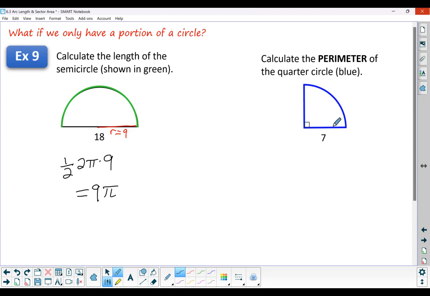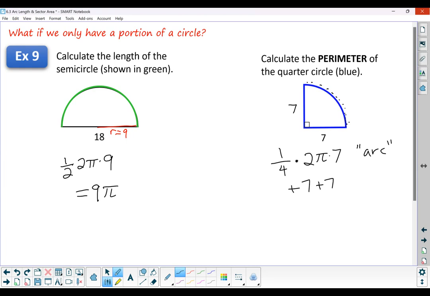For this one, we want to calculate the perimeter of the quarter circle. So we have two sides that have a length of 7, and then we need to figure out this curved side. Well, that's a quarter circle, so that's 1/4 of the circumference. This would just give us the arc part of it, the curved part. And then we would need to add 7 and add 7 to get the whole perimeter.